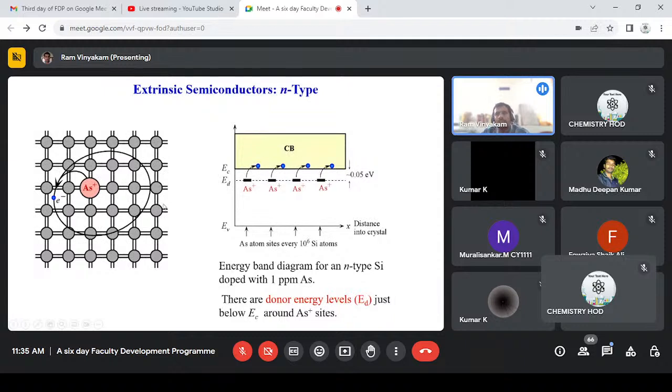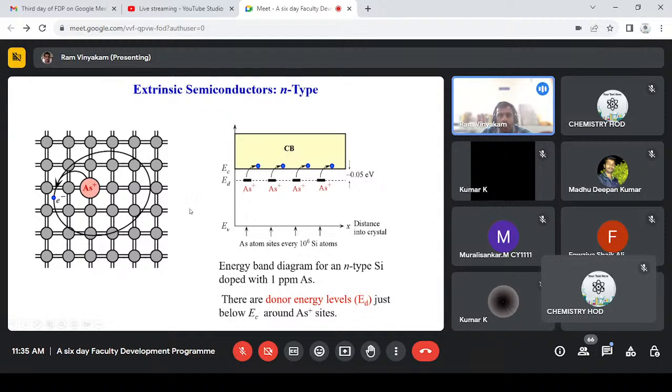Since this is in milli electron volts, the thermal energy at room temperature, around 280 Kelvin, depending on the temperature, is sufficient for the movement of the electron to the conduction band. So this leads to conductivity in the case of arsenic.